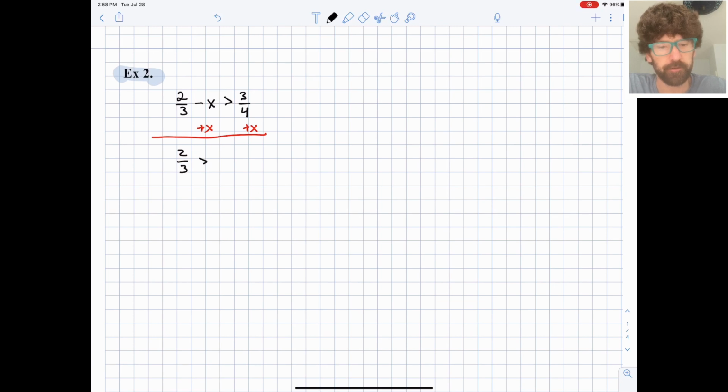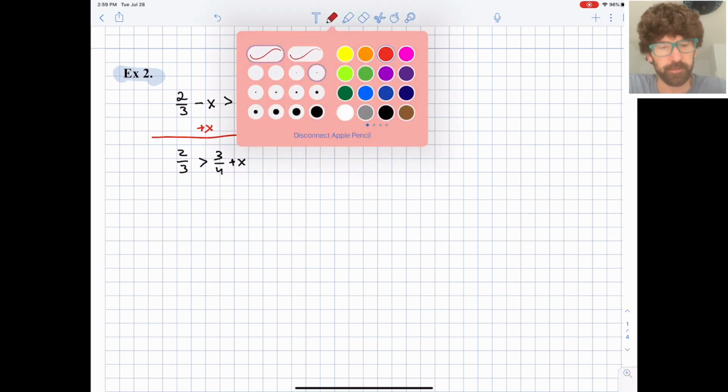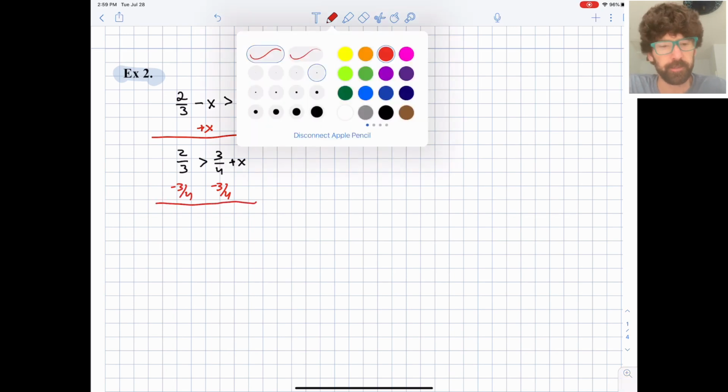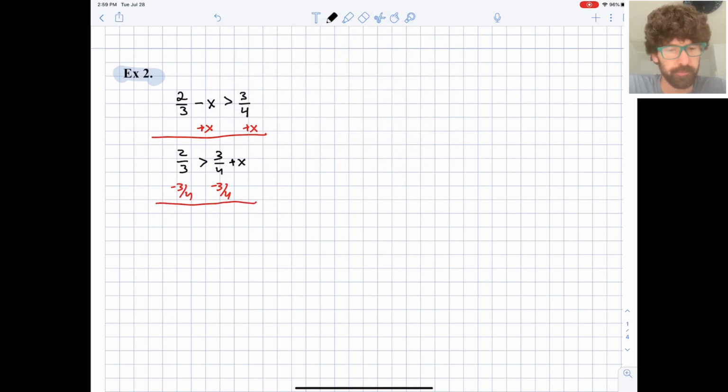2/3 is greater than 3/4 plus x. And now we can subtract 3/4 from both sides. Let's see what that ends up as. 2/3 minus 3/4, we'll have to get some common denominators here, is greater than x. So we've isolated for x, but we have a little bit of simplifying to do.